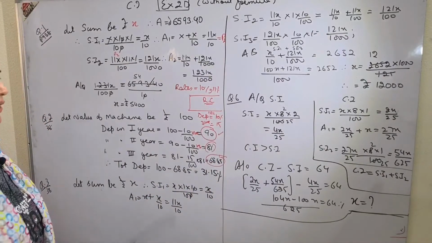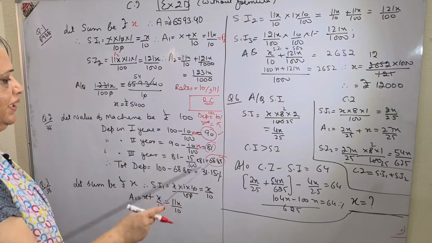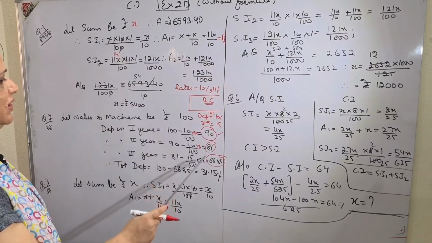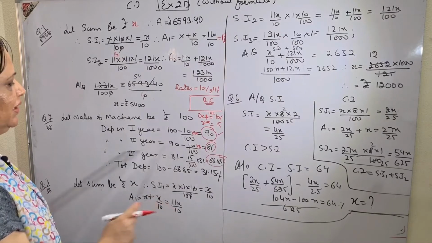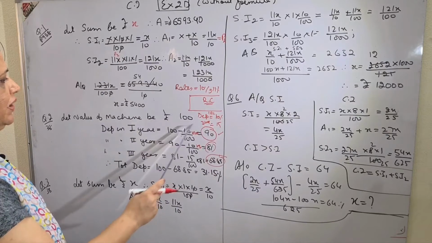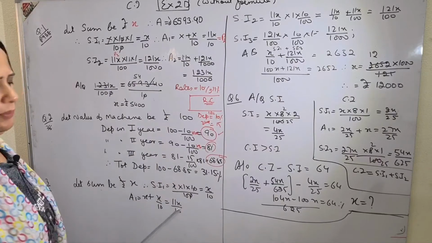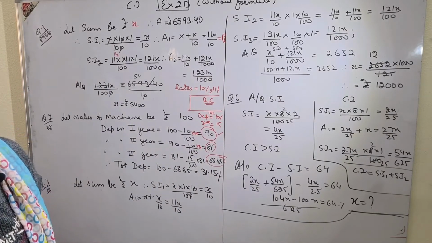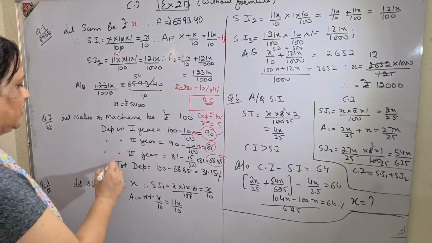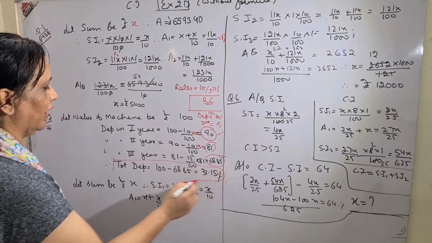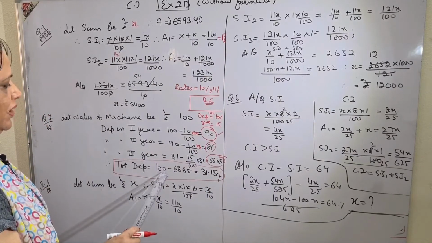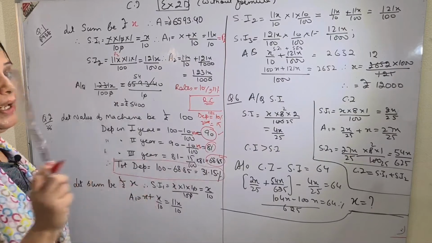For total depreciation, the final value after the third year, 68.85, is to be subtracted from 100. That will give you the total depreciation as percent during the 3 years. This is the total depreciation in percentage.